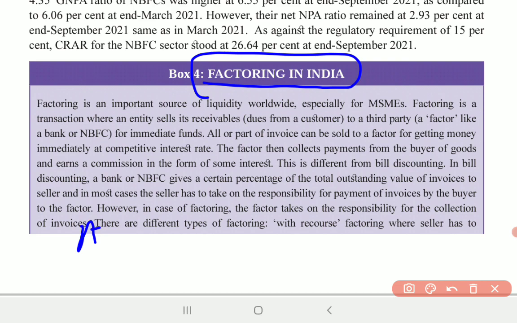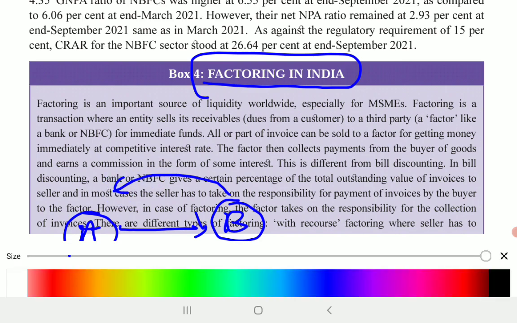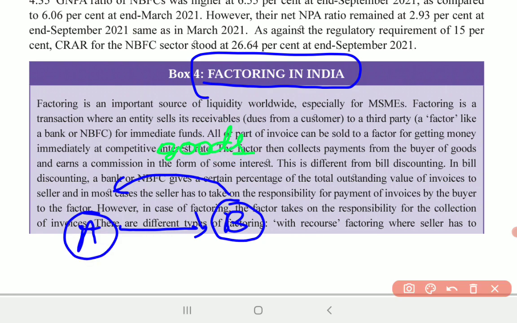Suppose there is a person A. He is a customer to B, which is a business unit. So B will sell goods to A. A, in spite of giving money, will give a bill.